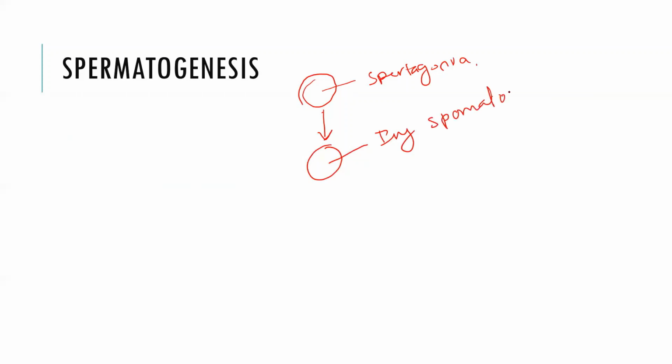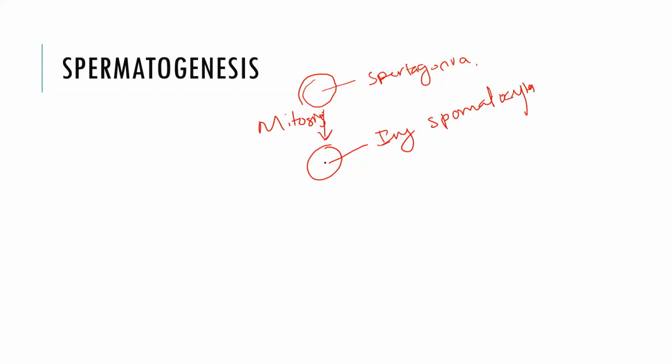So if we talk about spermatogenesis, in the testis we have cells known as spermatogonia. So these divide and form primary spermatocytes. Spermatogonia divide by mitosis and form many primary spermatocytes.